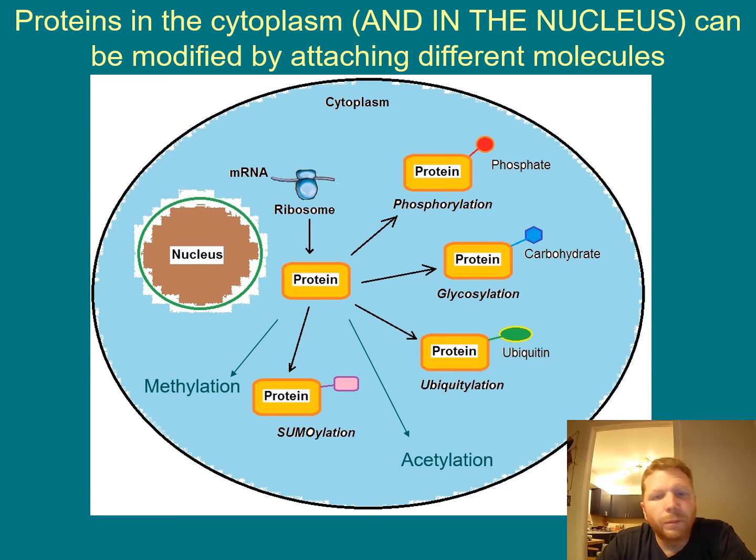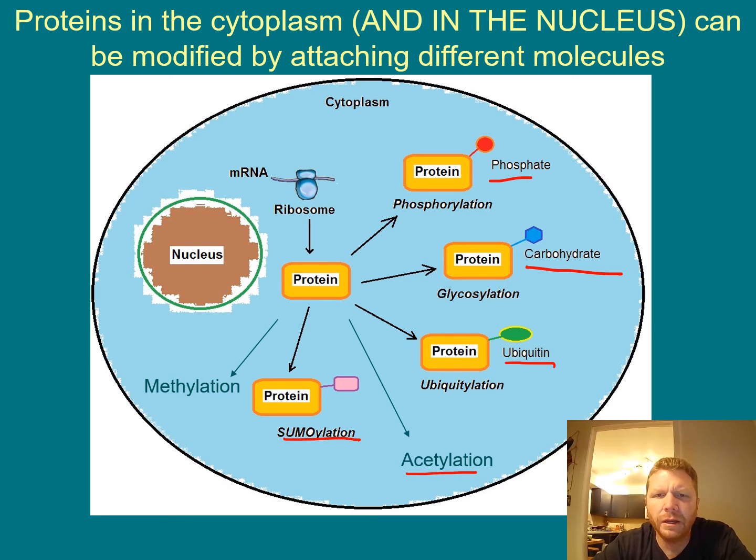There are a number of different post-translational modifications that take place in the cytoplasm as well as in the nucleus. What happens is a protein gets synthesized at the ribosome, and then an enzyme does something to it. One of those modifications would be to throw a phosphate group on there, a carbohydrate, a ubiquitin subunit, or what's known as a sumo group.